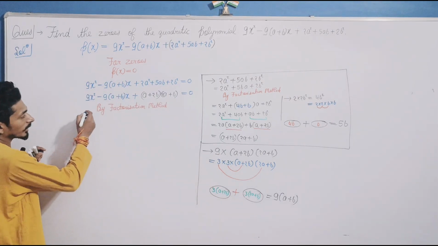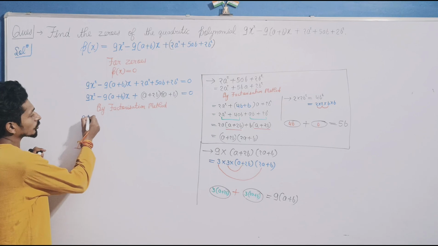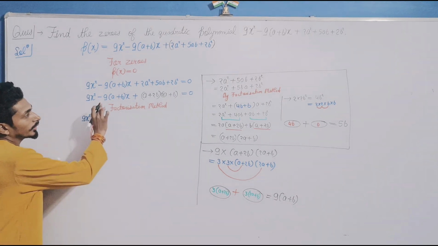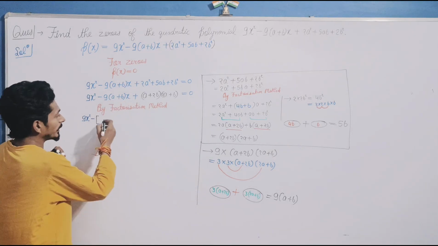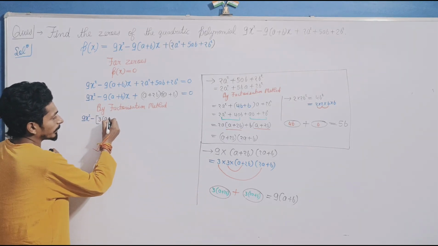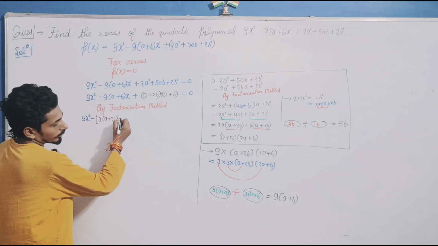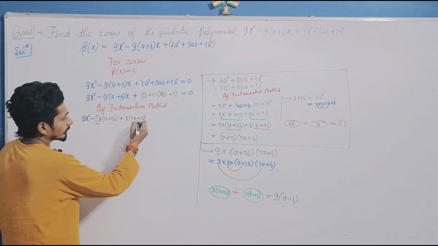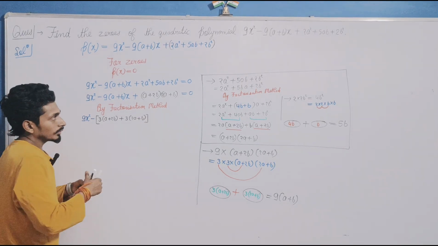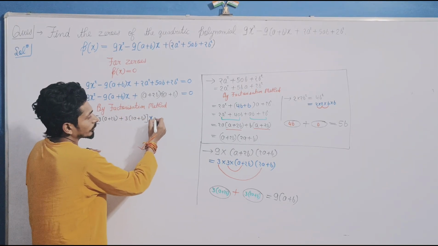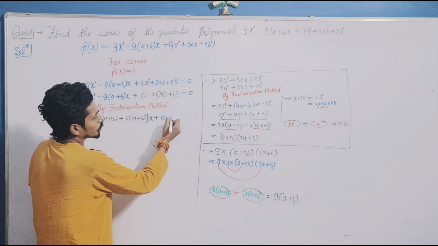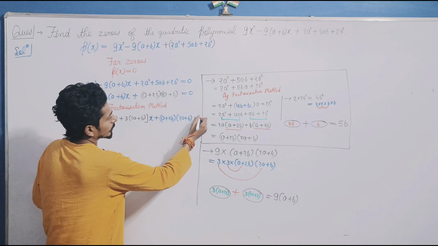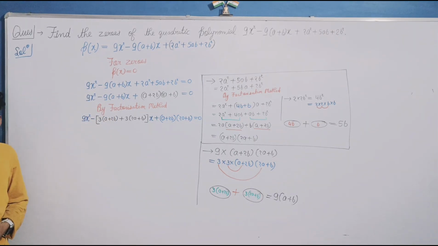So here we can write 9x square minus, 9 into (a plus b) can be replaced by 3 into (a plus 2b) plus 3 into (2a plus b), x written as it is, plus (a plus 2b) into (2a plus b) is equal to 0. Yes or no?